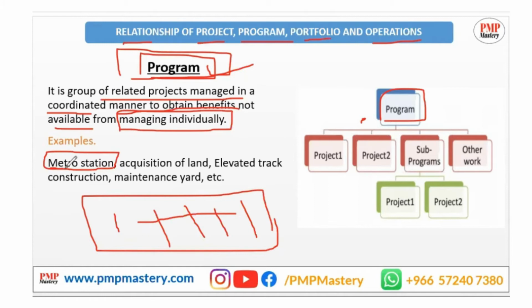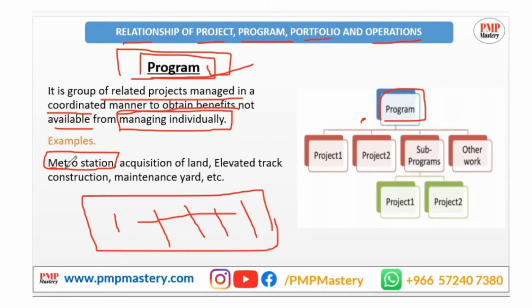Now, understand what you are going to need to create a metro station and make it fully functioning. First, you have to acquire the land, you have to survey and acquire the land. Thousands of documents are required from the government, thousands of coordination tasks, thousands of people will work on that. Acquiring the land will itself be planned, executed and closed, because it is such huge work.